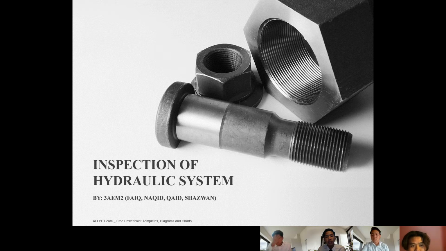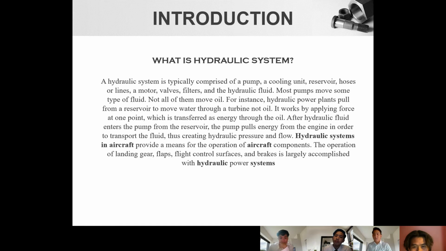For starters, let's discuss what the inspection of the hydraulic system is. Introduction: what is a hydraulic system? A hydraulic system is typically comprised of a pump, a cooling unit, a reservoir, hoses or lines, a motor, valves, filters, and hydraulic fluid.